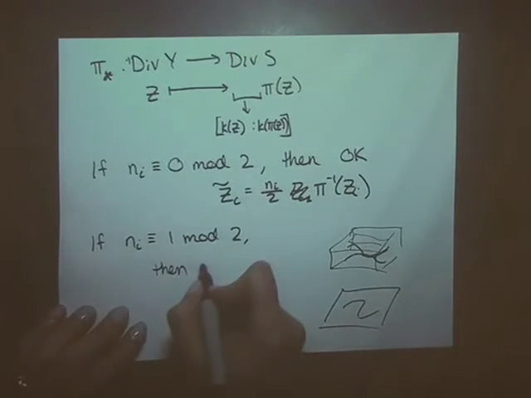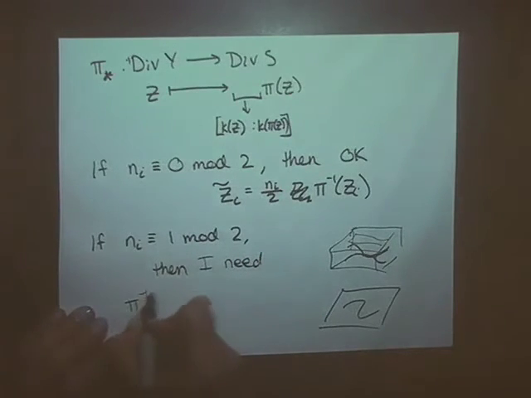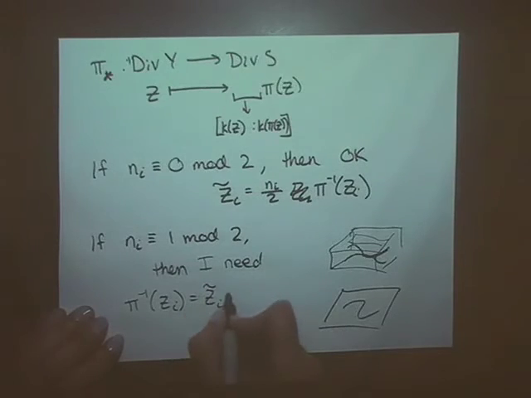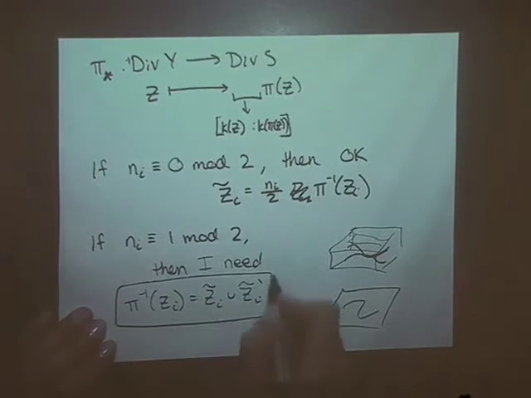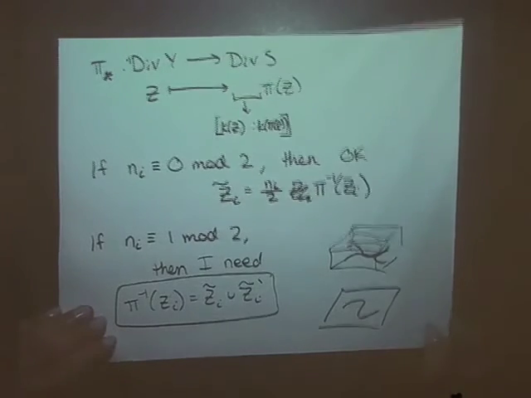So I need that the inverse image of Z_i splits as the union of 2 curves. So if it's even, everything is fine, but if the valuation is odd, then I have to have this.